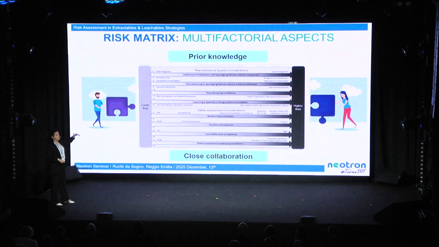From the process, to the evaluation of every step of the process and the factors that can interact and impact an eventual leaching from the contact materials, and also in the safety assessment all the main characteristics of the drug formulation. So the route of administration, the duration of the treatment, the leachable dose exposure, and so on.